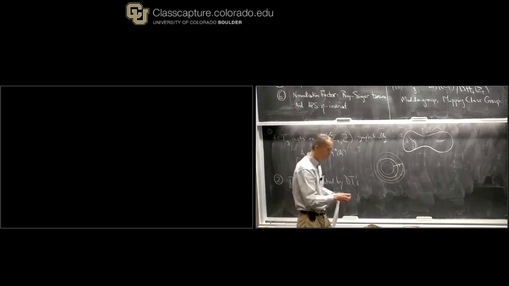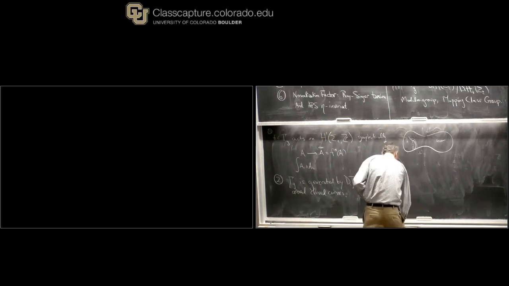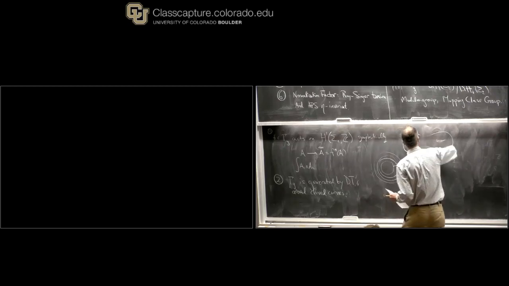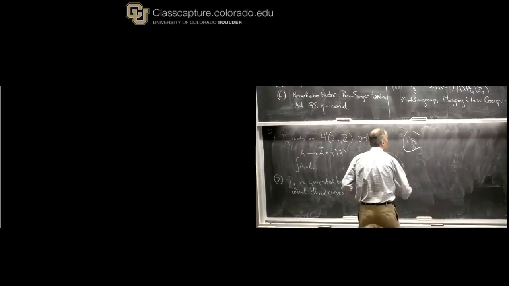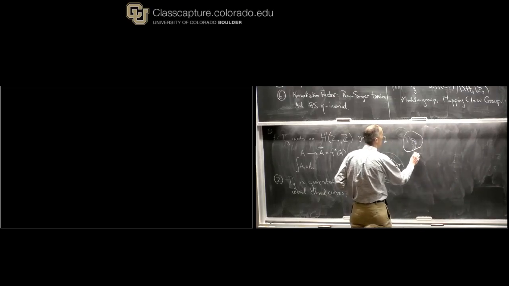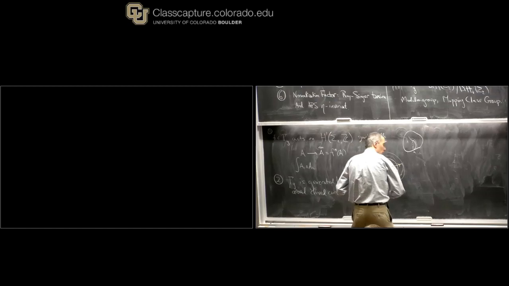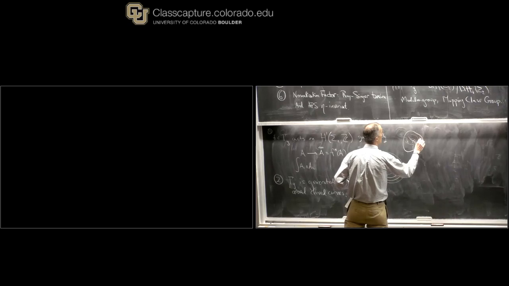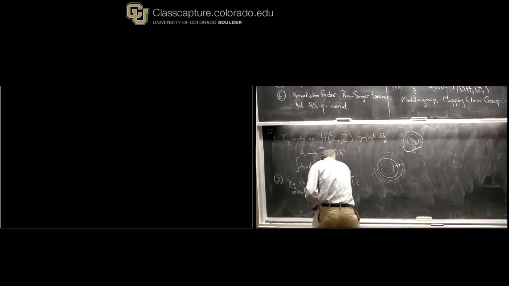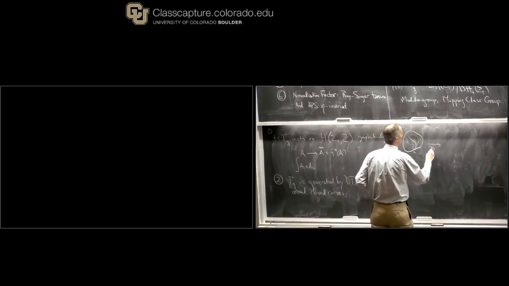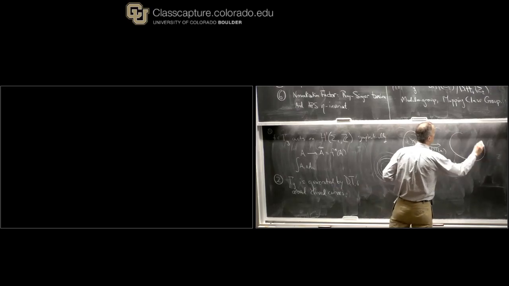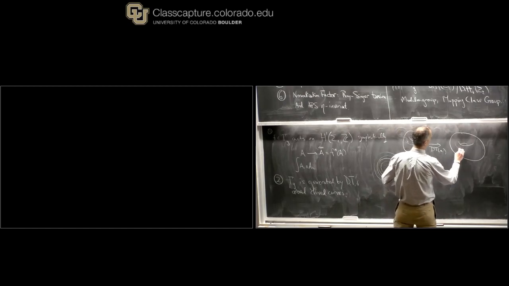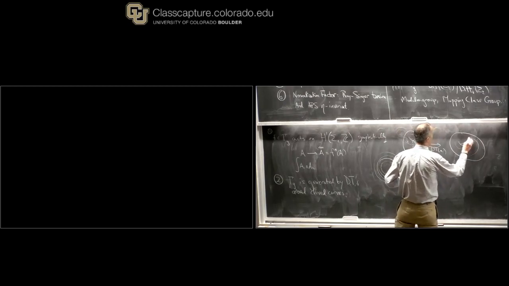Okay? So for example, let me do it for genus 1. For example, if this is the A cycle, and now I look at a B cycle like this, and I do a Dehn twist around A, I'll get a torus where the B cycle now turns into a curve that looks like that.